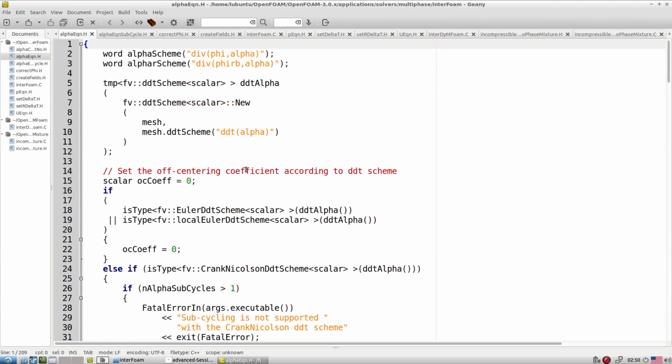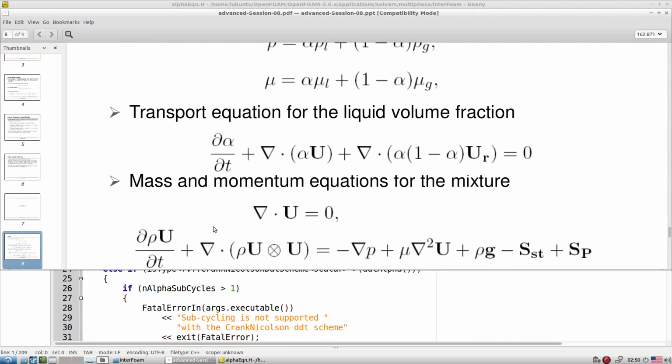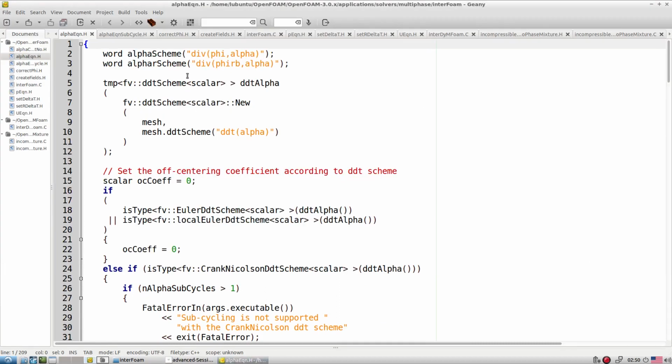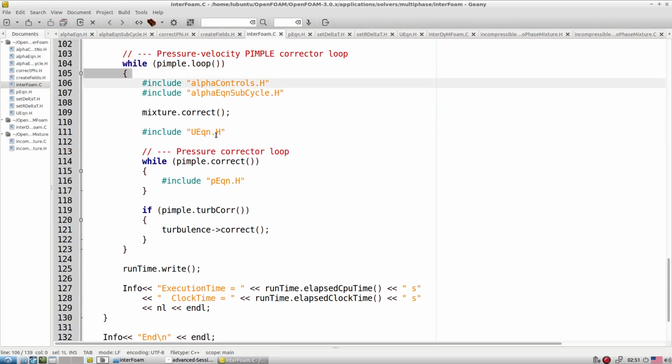Then we have the Navier-Stokes equations. Continuity and momentum are the same way as in the normal scenario. We have first the PIMPLE loop, within the PIMPLE loop we have a momentum predictor, and then we have multiple correctors.